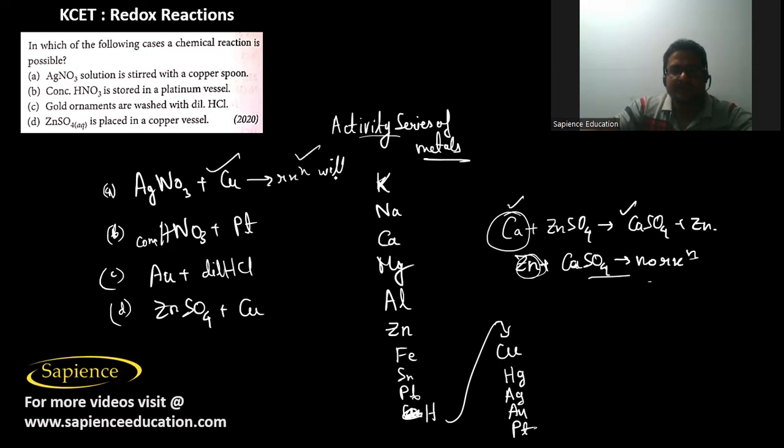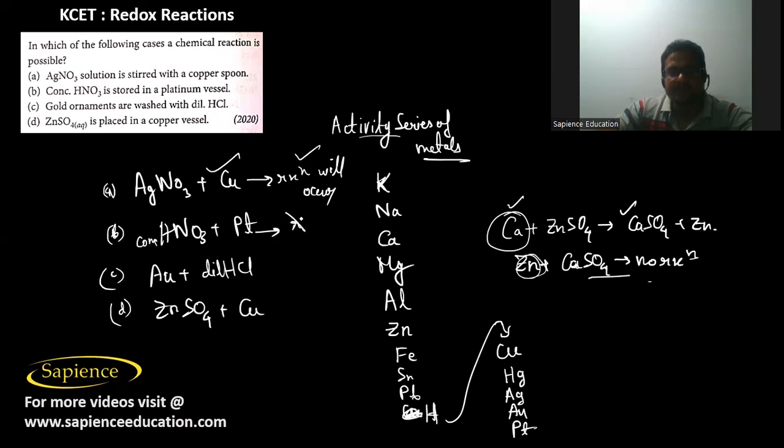Reaction will occur here. And in concentrated HNO3 with platinum, here platinum comes below hydrogen. So it means that platinum can't displace hydrogen from any dilute acid. So platinum can't displace hydrogen from any acid.